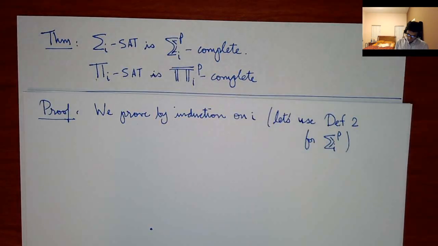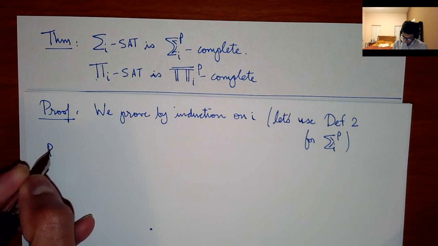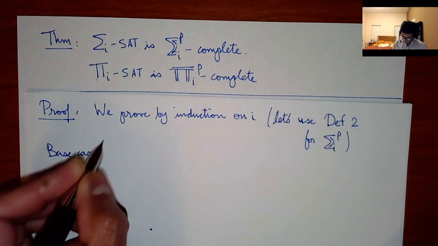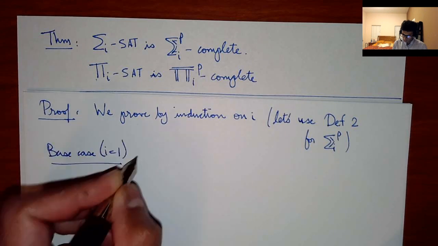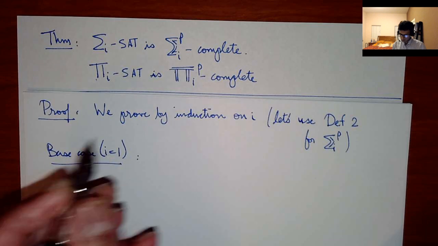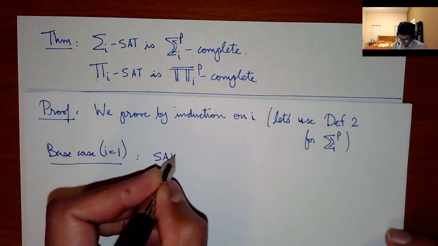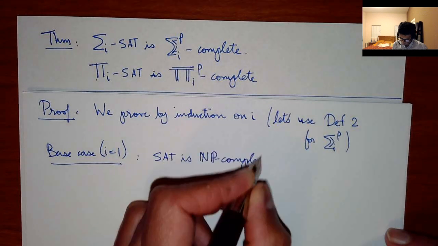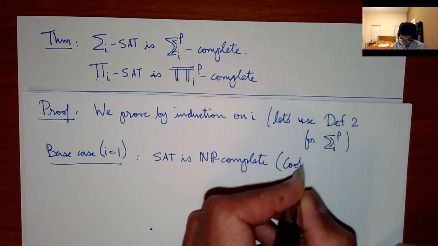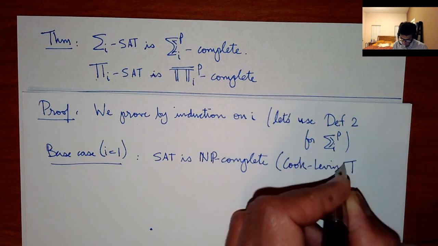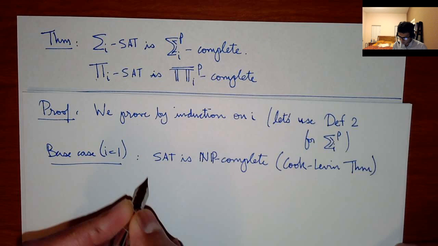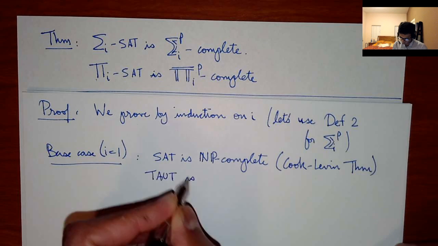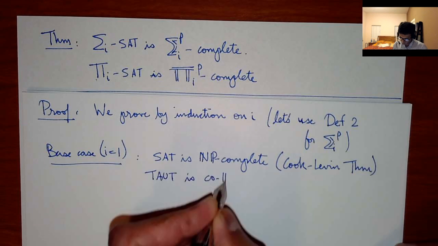So the base case is i equals 1, and this is just saying that SAT is NP complete, and that's just the Cook-Levin theorem. So SAT is NP complete, and tautology is co-NP complete.